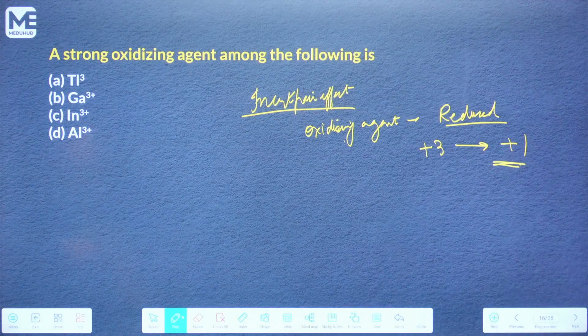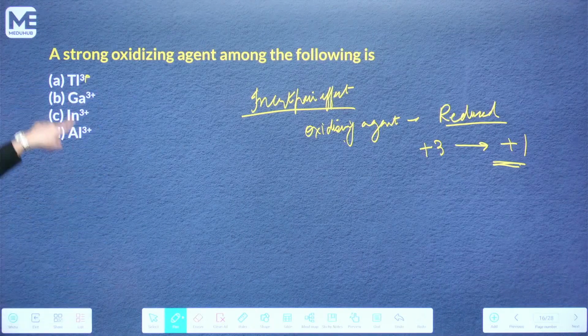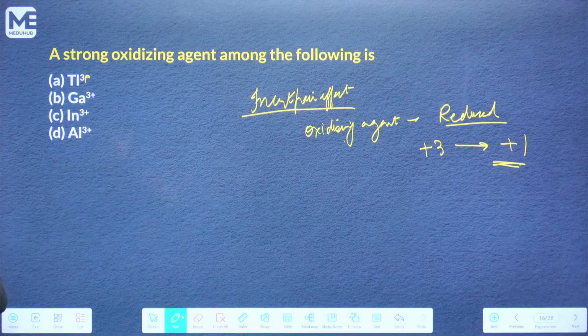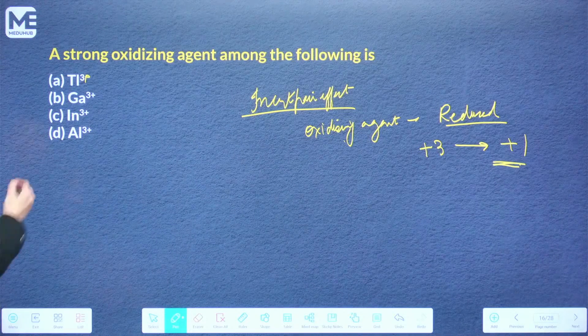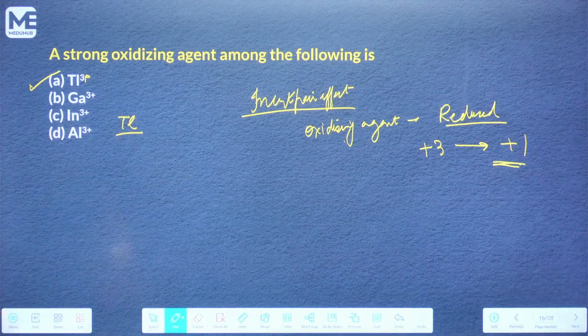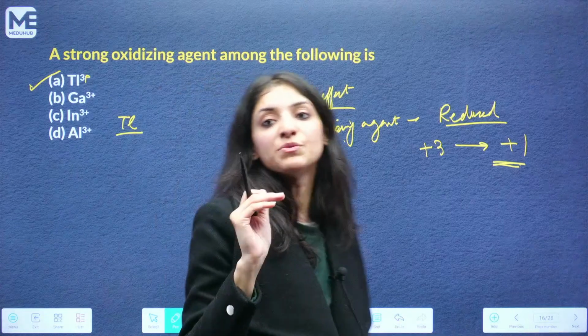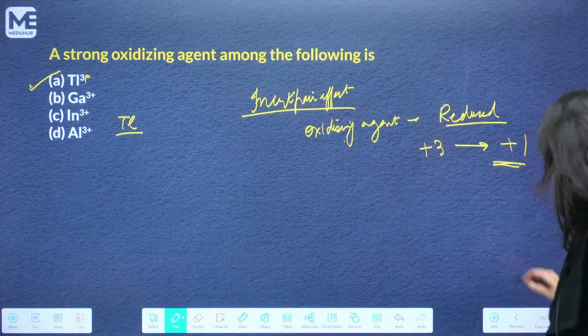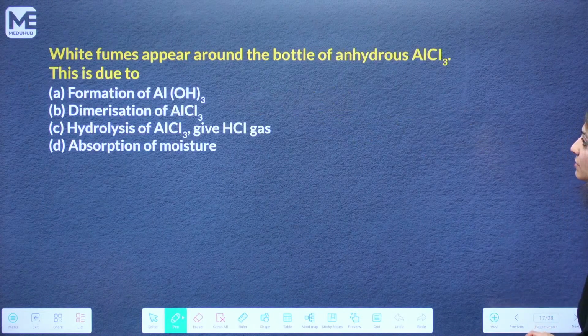These are group 13 elements. Which out of these would prefer to be in a +1 state and hence act as a good oxidizing agent? A is the answer, thallium, because as you move down the group, the s electrons are not participating in bonding and the +1 oxidation state becomes more stable.